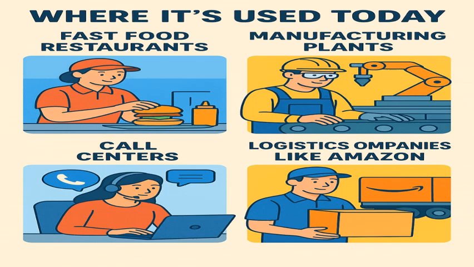Where is it used today? Scientific management is used in fast food restaurants like KFC, McDonald's, Pizza Hut, Burger King, and many other fast food restaurant chains.